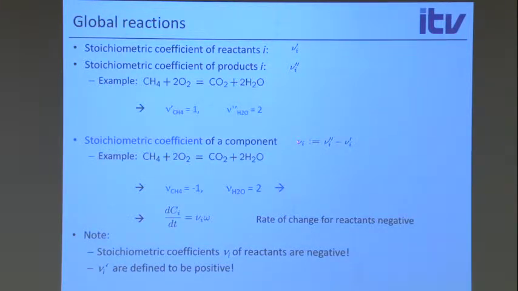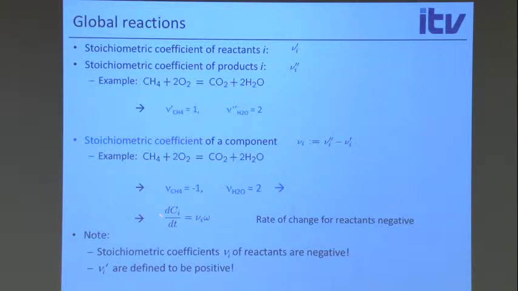And then we also define this nu without the primes. That is just the difference between the two, and that can be positive or negative. So this is negative for the reactants and positive for the products. In this case, nu for methane is -1 because it is consumed, and for the product, it's still 2. So again, these are different, and take note of this.